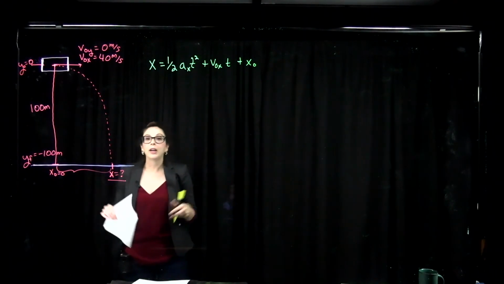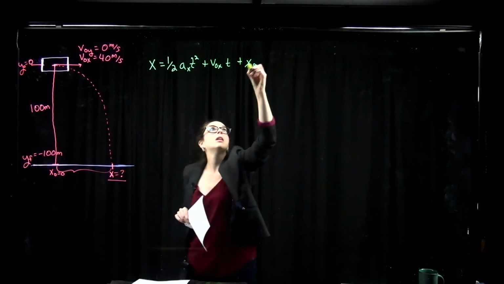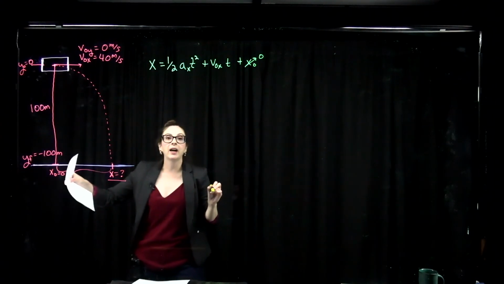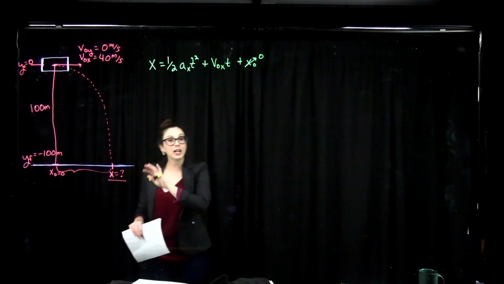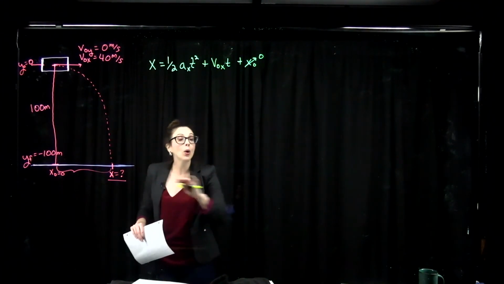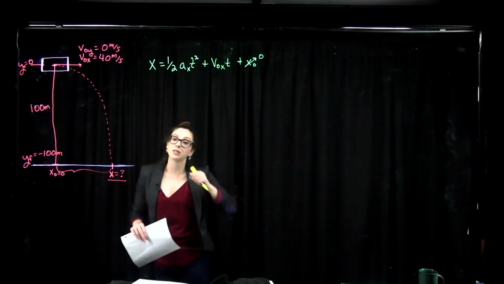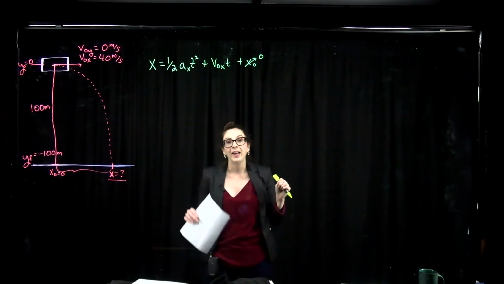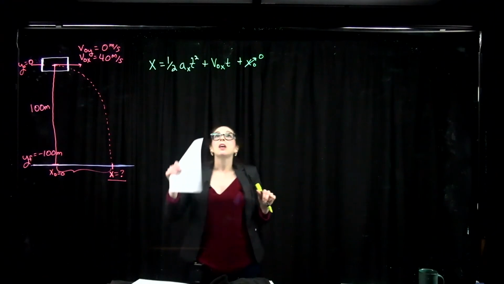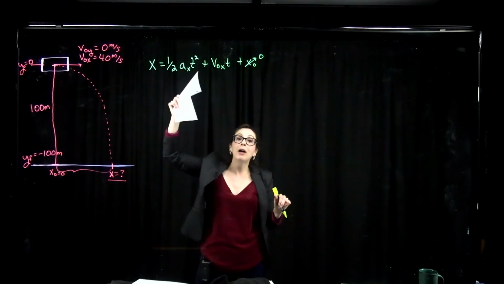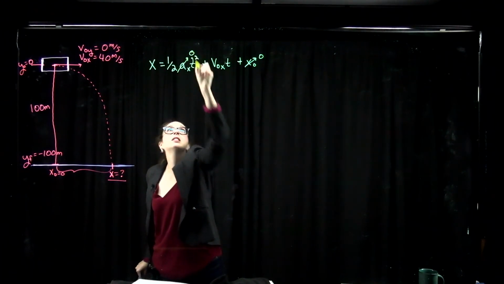Now I can go ahead and get rid of some of these things. Where we say x is equal to 0, right there, we say that our initial x position is 0. Now we have no acceleration in the horizontal direction. We only have acceleration in the vertical direction, because in the horizontal direction we're moving at a constant speed. So for this problem, our acceleration in the x direction is going to be 0. So that term is 0 as well.